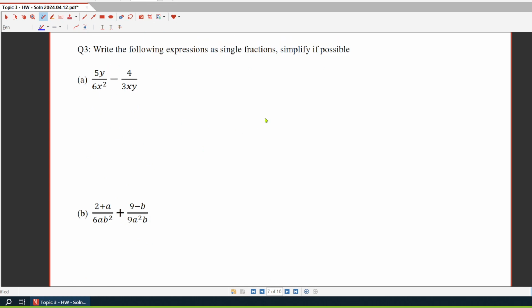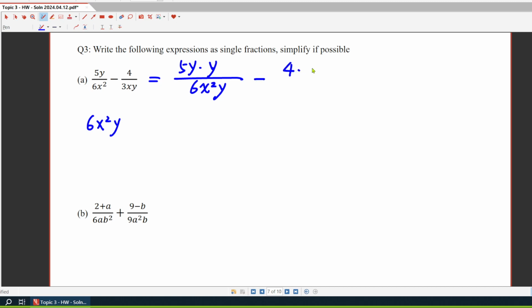And for the third question, rewrite the following expression as a single fraction, simplify if possible. Okay, let's do question A only, okay? So again, the least common multiple of these two denominators should be 6x squared y, right? So we can rewrite the first one using this denominator, so 5y times y.